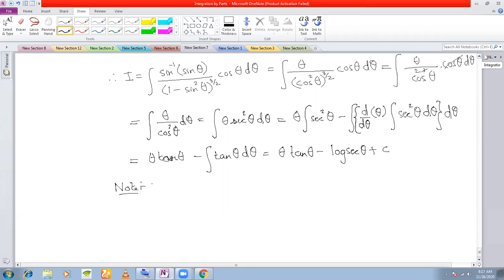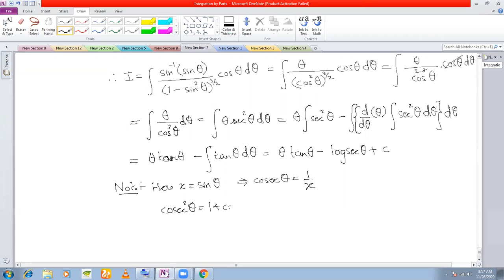Now you have to change everything to x again. So what have we substituted? Here x is equal to sin theta we have substituted earlier, right? So how to find tan theta from sin theta? Now you can find cosec theta, right? Cosec theta will be 1 by x, and you know that cosec square theta is 1 plus cot square theta.